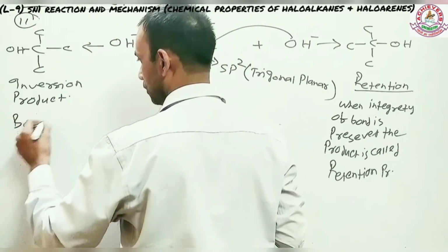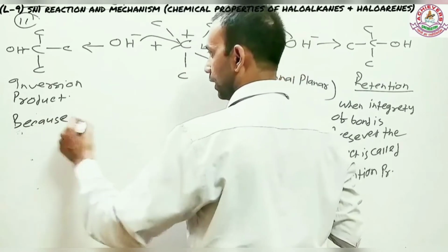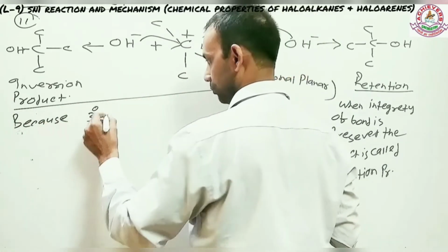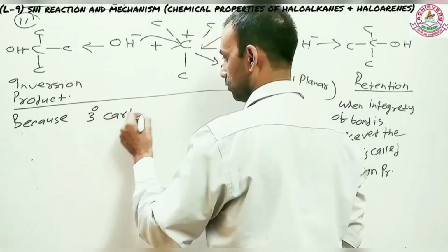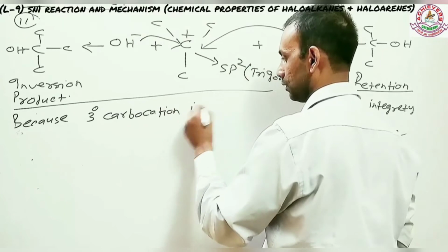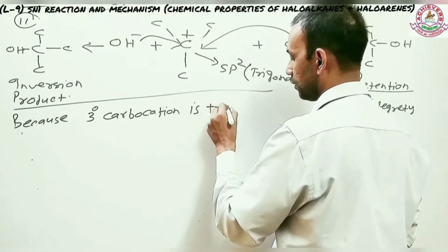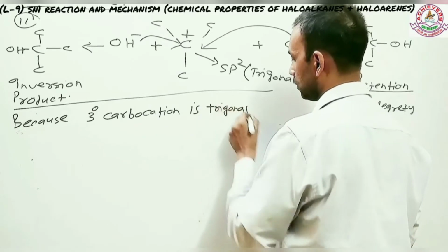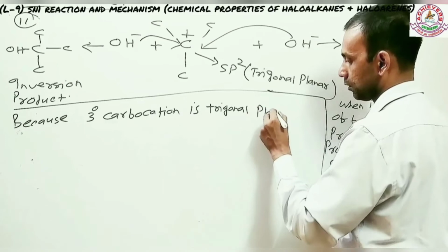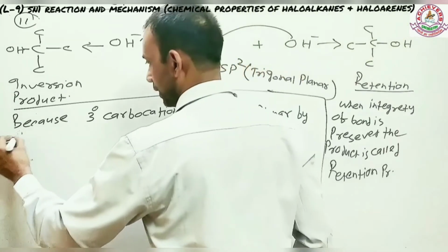Because a tertiary carbocation, a 3-degree carbocation, is trigonal planar by geometry.